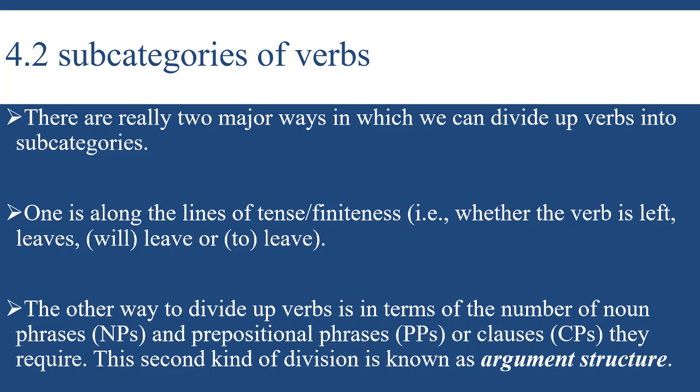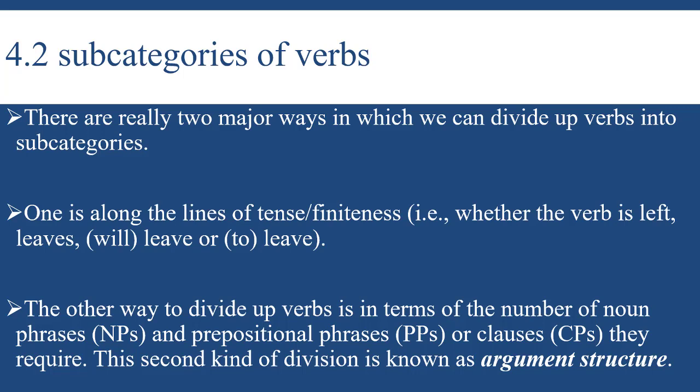When we talk about finite, it means it is conjugated. Non-finite, for example, is not conjugated, because we have lived, lives, but leave, to leave. We're going to see this in the next lessons.